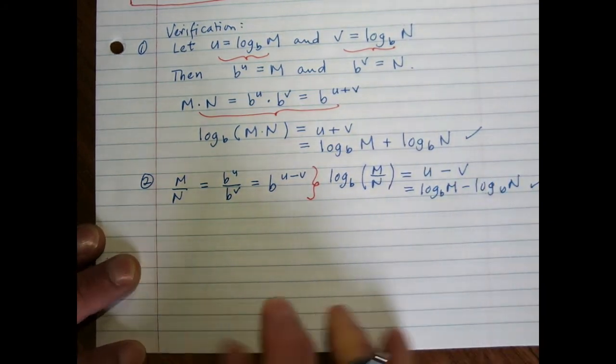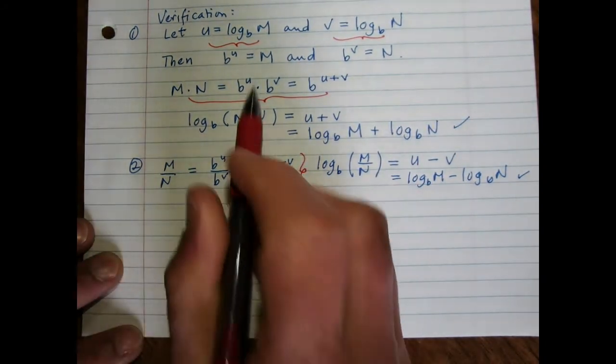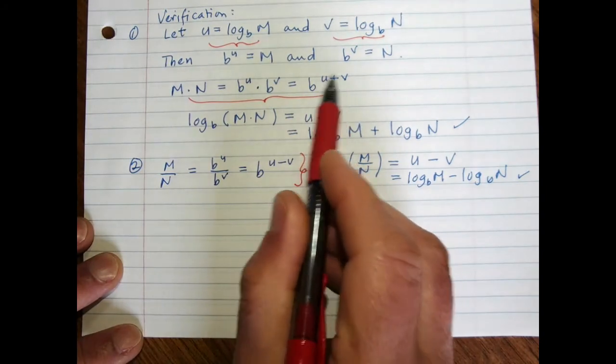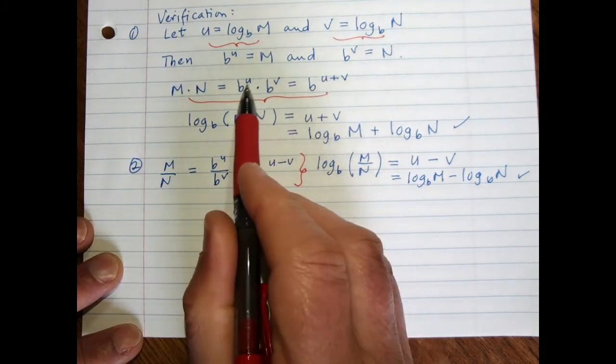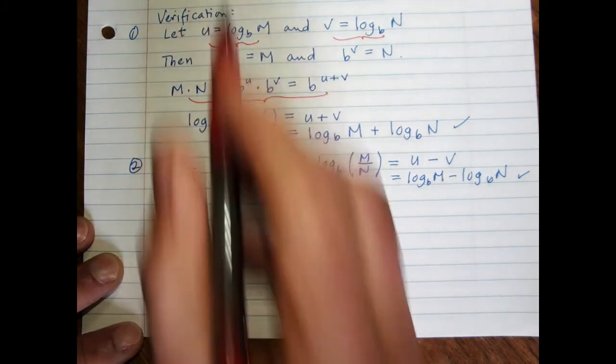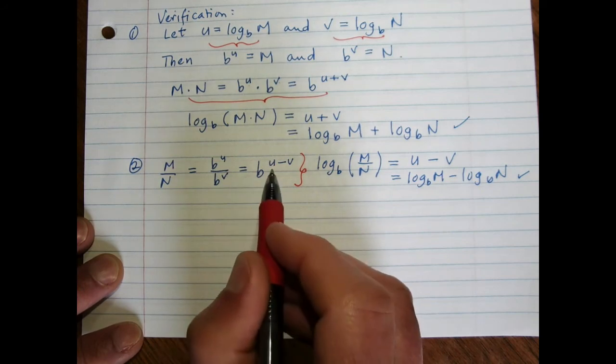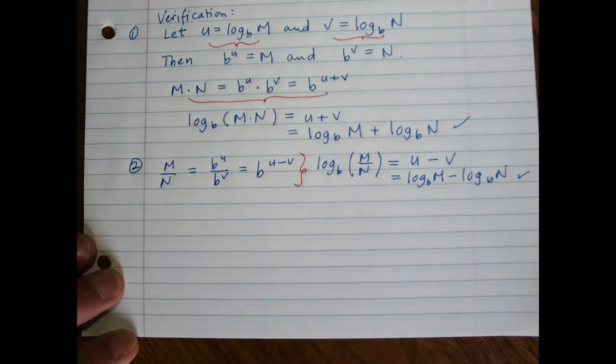And we verified the second law. It's true that the first law of logarithms is related to this law of exponents, where you add exponents. And the second law of logarithms is related to the law of exponents, the situation where you subtract exponents.